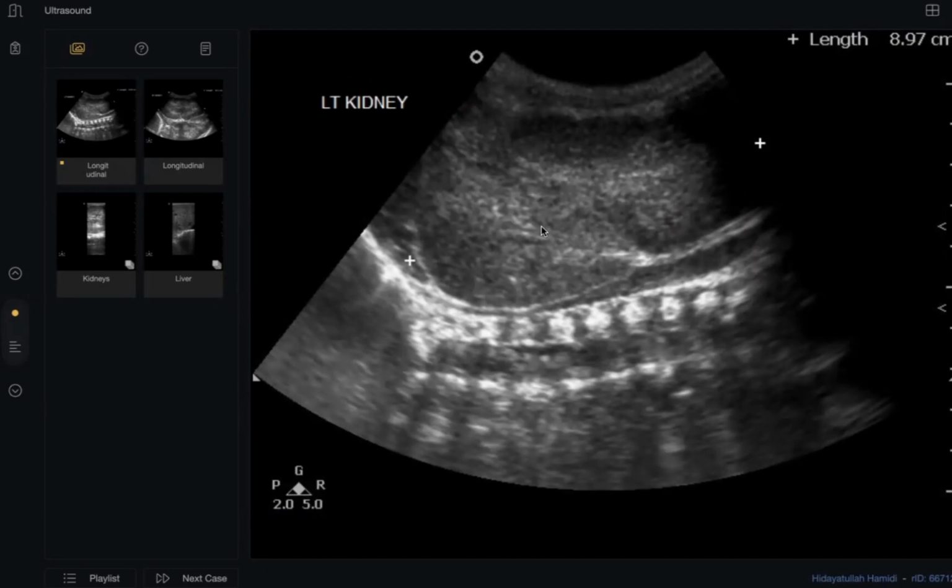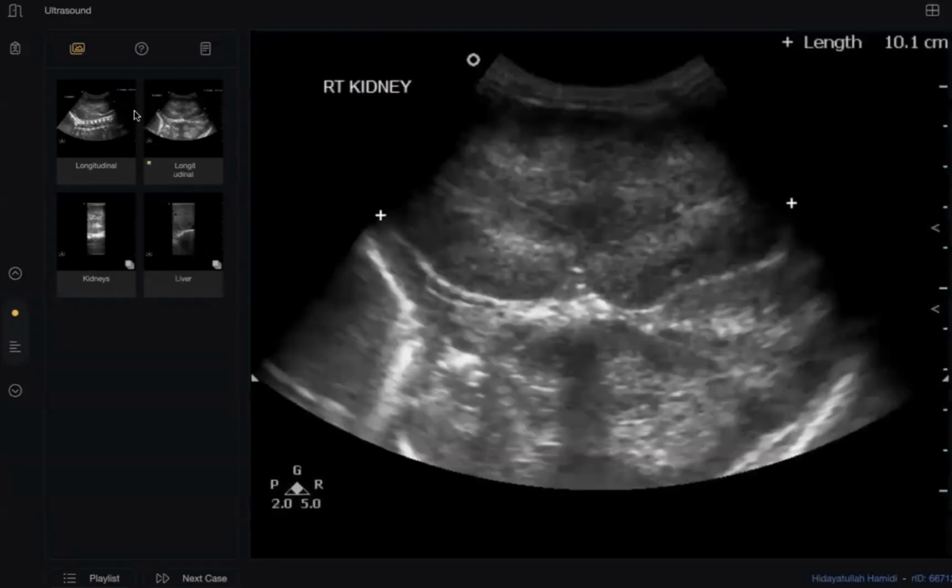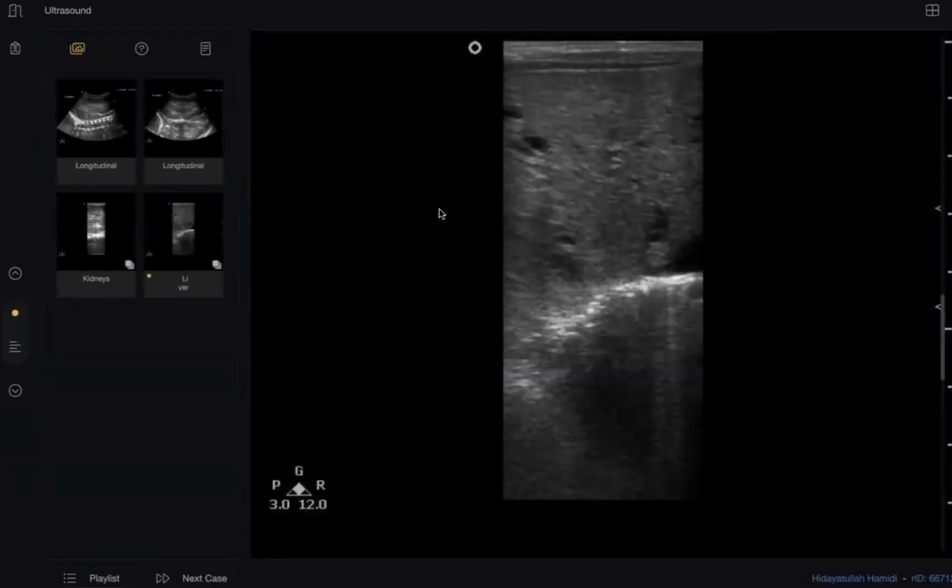So what's your diagnosis? Even the liver, see, the liver is a little bit coarse and echogenic. Which disease is connected with enlarged echogenic kidneys and a coarse echogenic liver?